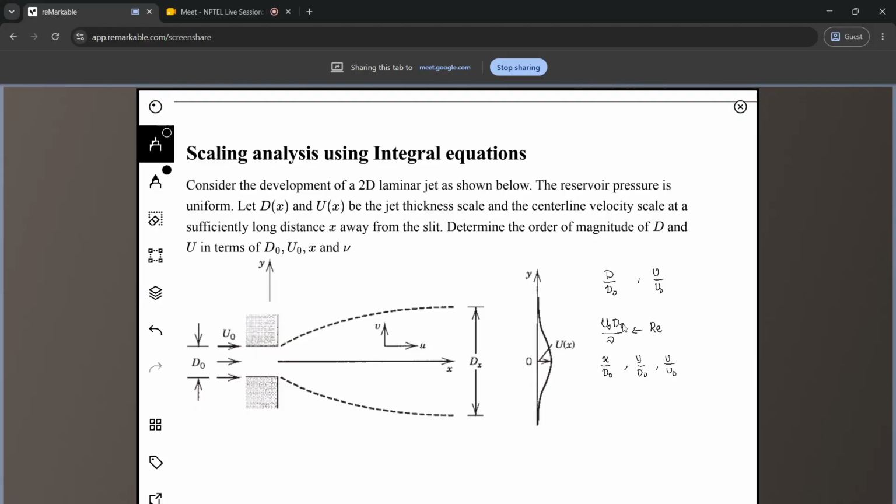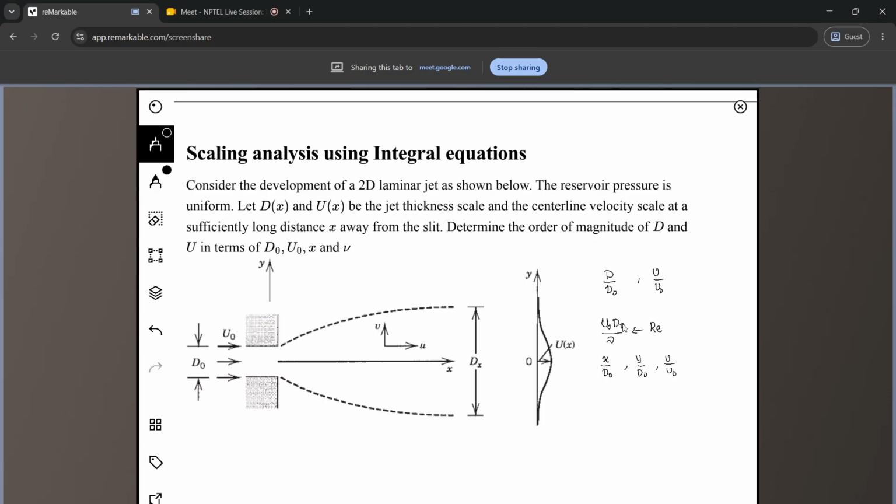So where do I start to do the order of magnitude analysis? We have only two kinds of equations, the continuity and the Navier-Stokes equations.